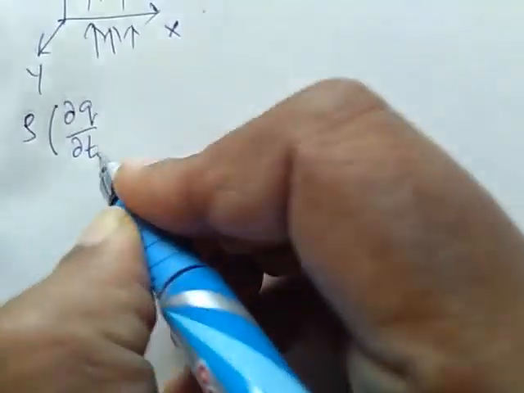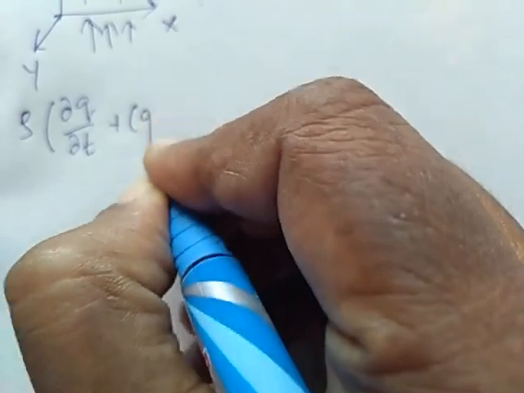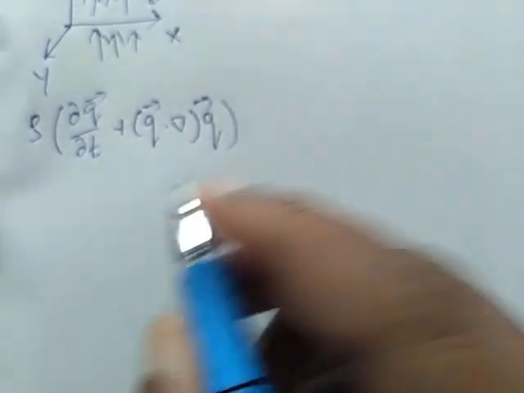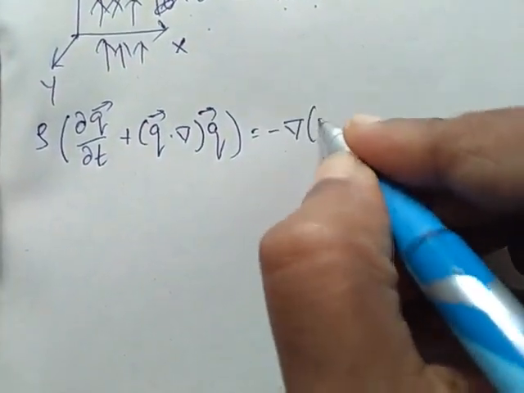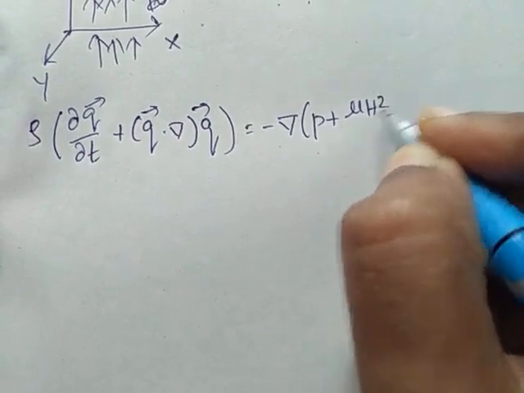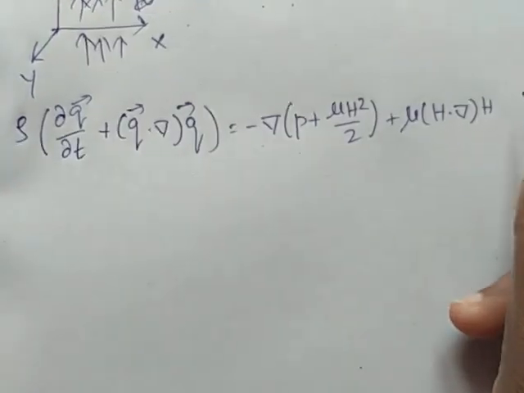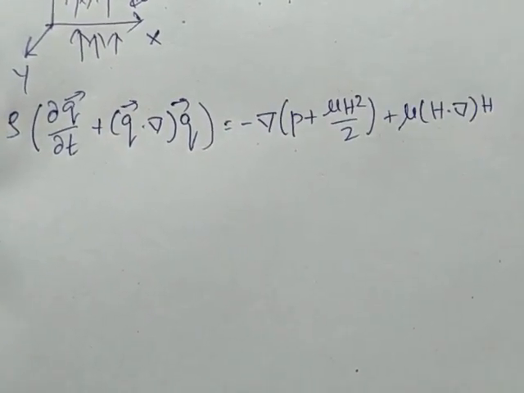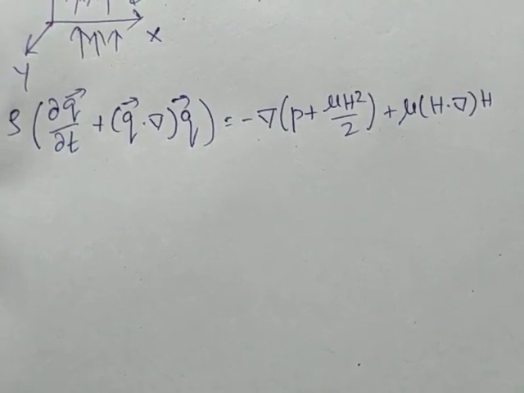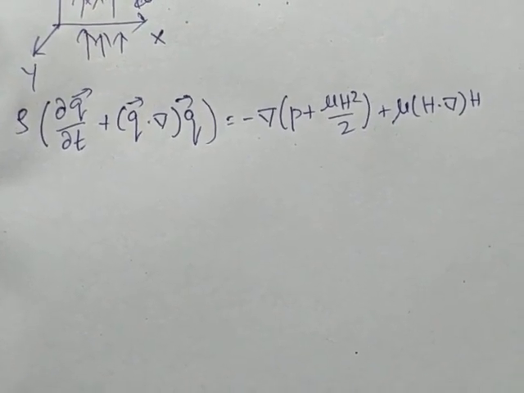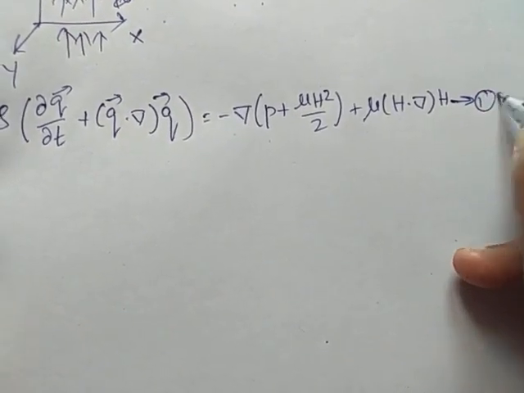The momentum equation is given by rho dou q by dou t plus q dot del q, where q is velocity and t is time, is equal to minus del p plus mu h square by 2 plus mu h dot del h. We are taking this momentum equation as equation 1.